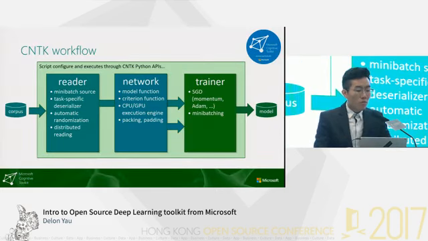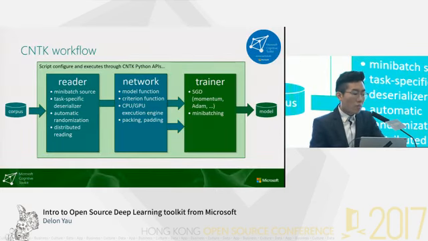The workflow of CNTK, in general, goes through three steps. The corpus, the data set, will enter what we call our reader, and then it will pass through our CNTK network to do the GPU or CPU execution, basically doing the packing and padding. Finally, we will train your model.